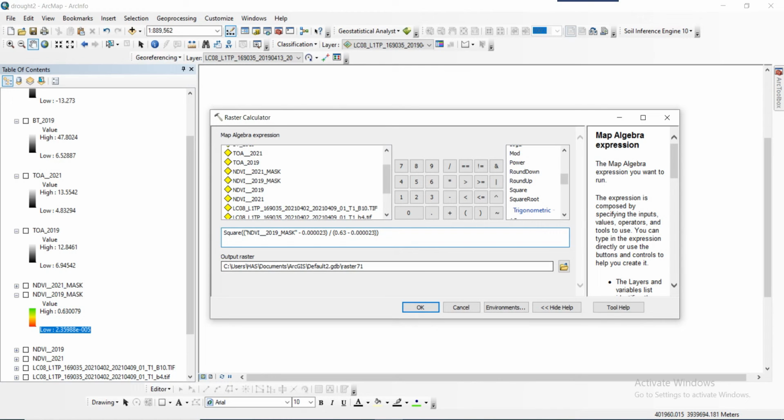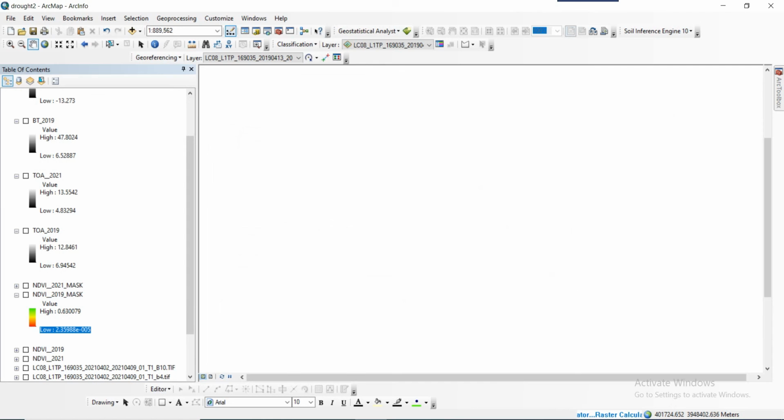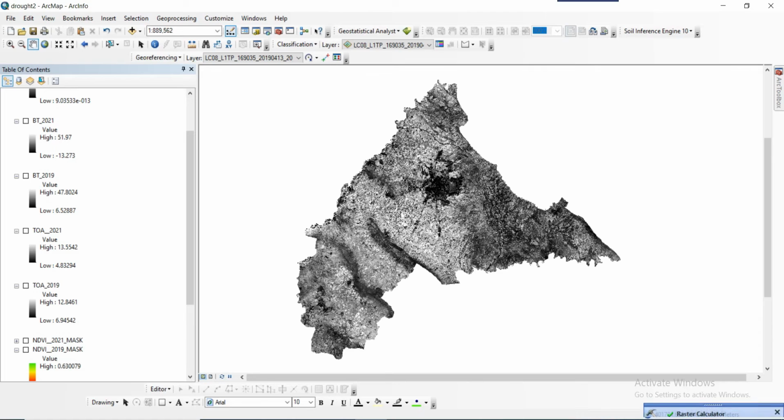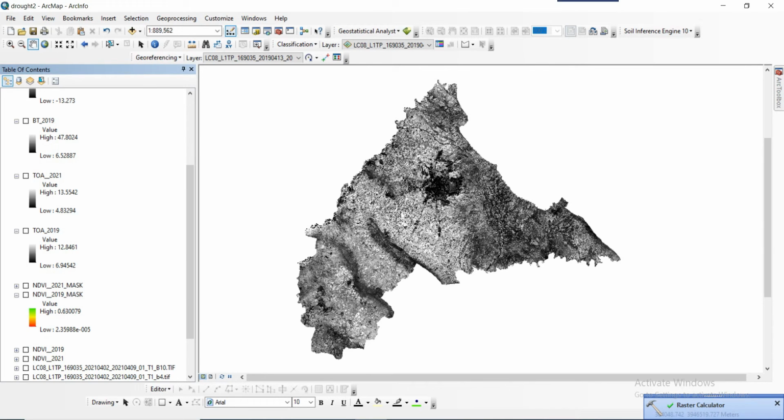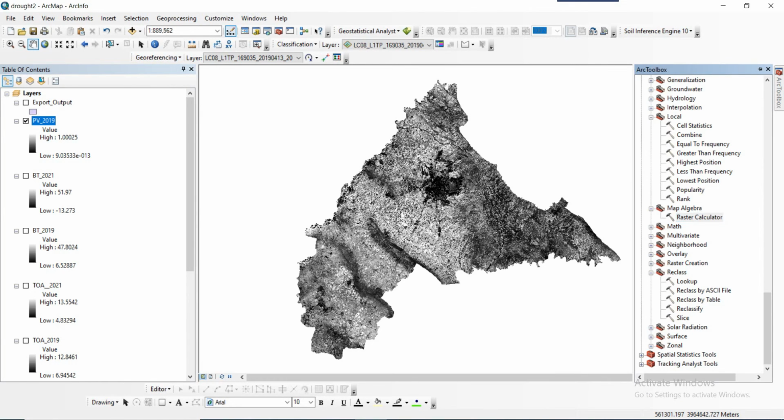So we name this PV for 2019, and okay. So this is the PV, or proportional vegetation, for 2019, and we'll make it again for 2021.